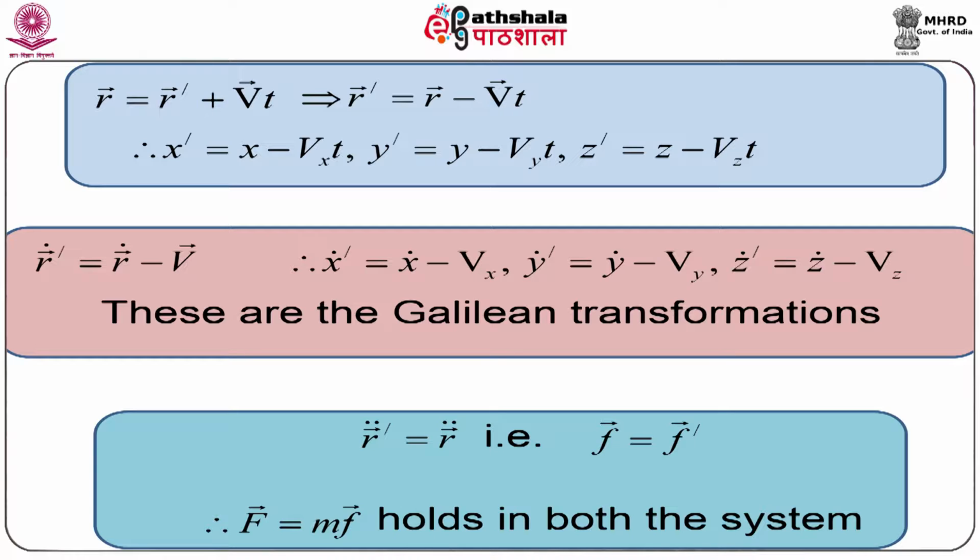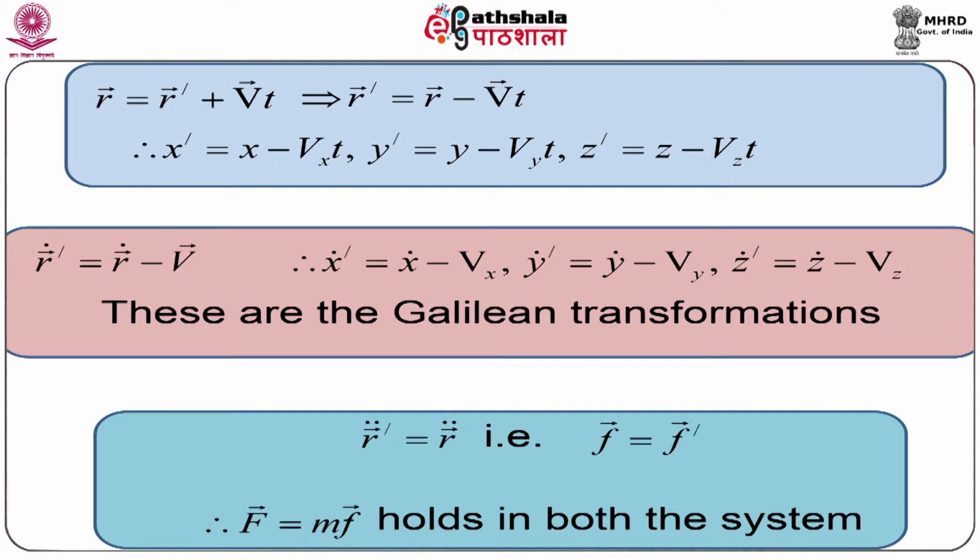If we differentiate the relation given by 10.1 with respect to time t, we get r dash vector dot equal to r vector dot minus capital V vector. Here dot means the time derivative. In component form, equation 10.2 gives x dot dash equal to x dot minus capital V suffix x, y dot dash equal to y dot minus capital V suffix y, z dot dash equal to z dot minus capital V suffix z.